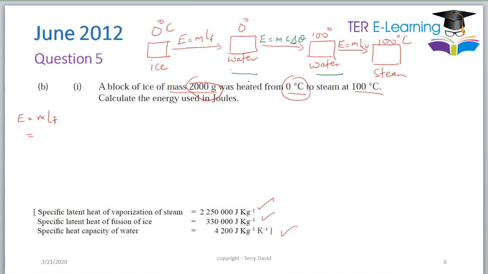So let's write this on the side here. 2000 grams is the same as 2 kilograms, because to convert grams into kilograms, we need to divide by 1000. So this is 2 multiplied by the latent heat of fusion of ice, which they give us as 330,123. Right? I don't need a calculator for that.